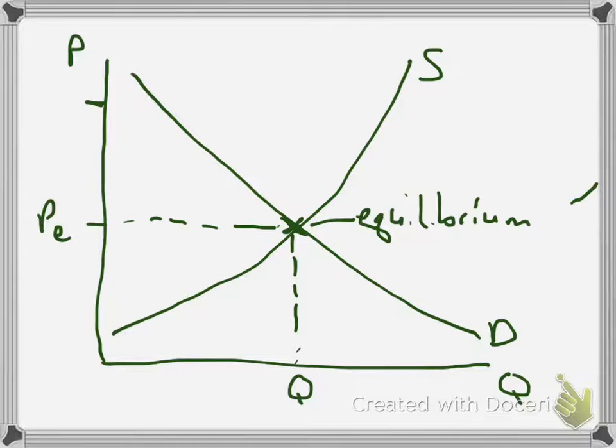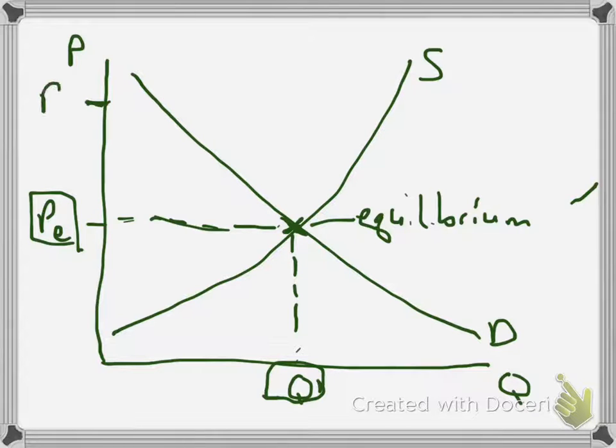The price that matches it is the equilibrium price, and the quantity that matches up with that is the equilibrium quantity. And so at that point, they're going to agree. But let's pick a non-equilibrium.